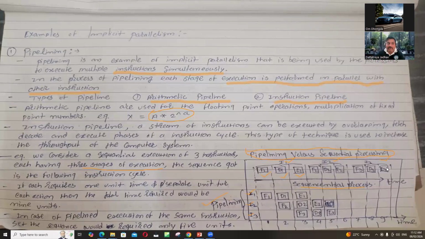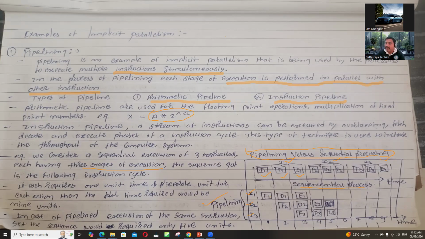But in the case of a pipeline, execution of the same instruction sequence would require only 5 units. How is that? Just look. For I1, F1 will be executed at the same time, D1 at the same time, E1 at the same time, E2 at the same time, and E3 at the same time.